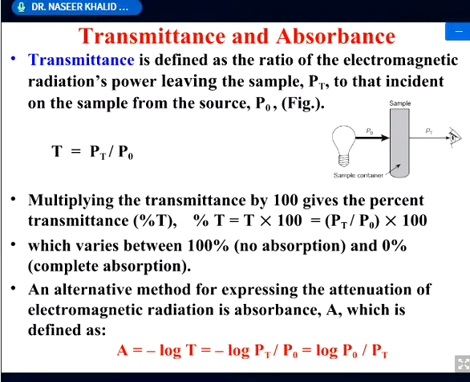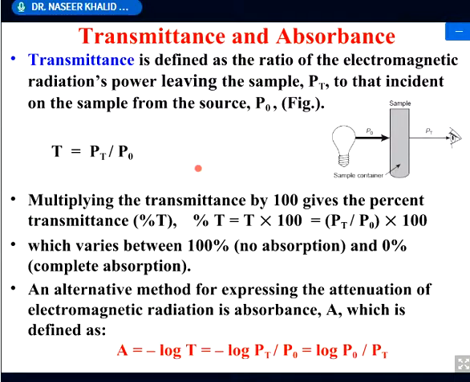Again, a few words about transmittance. It is the reverse of absorbance. It is defined as the ratio of the electromagnetic radiation leaving the sample, Pt, to that incident on the sample, P0.